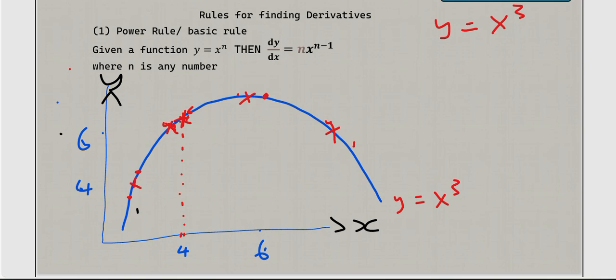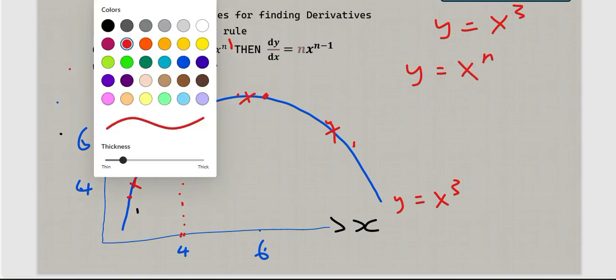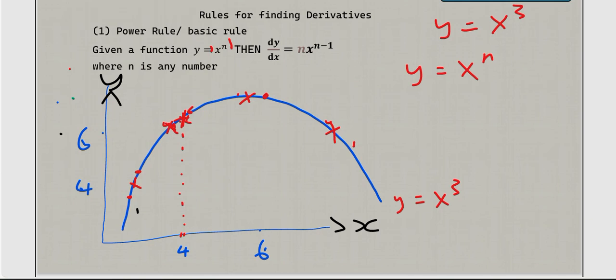The general formula is y equals x^n. In this case, x is the independent variable, y is the dependent variable, and n is the power to which x is raised. When we write y equals x to the power n, y is the dependent variable.